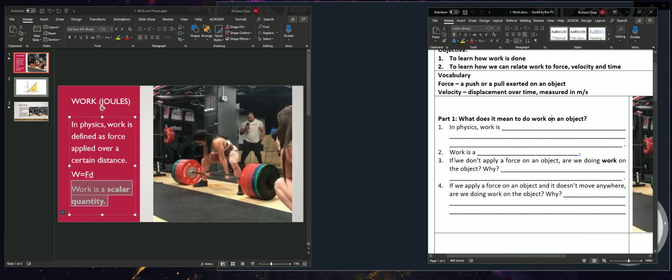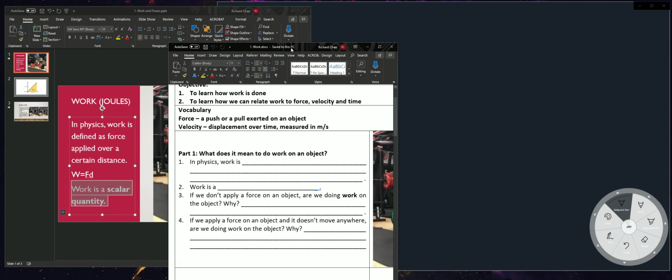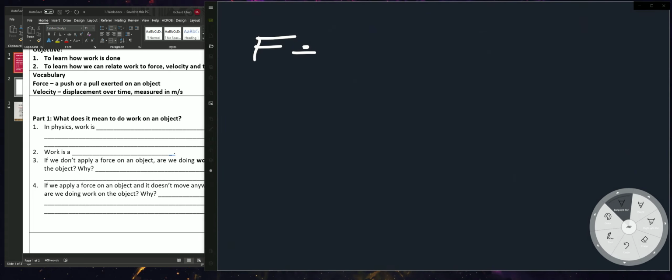Now, if we do not apply a force on an object, meaning our force is 0, well, the sensitivity is off on this. Oh, I know why. Give me a second. Let's see, where is it?